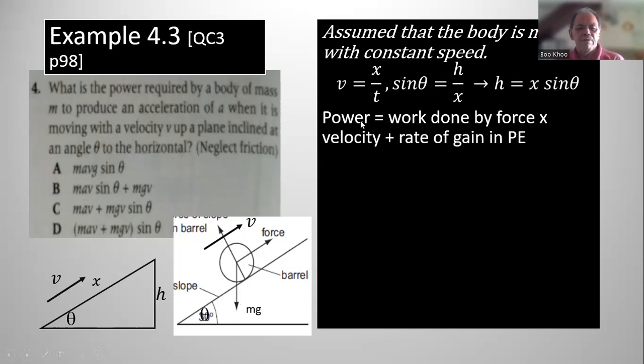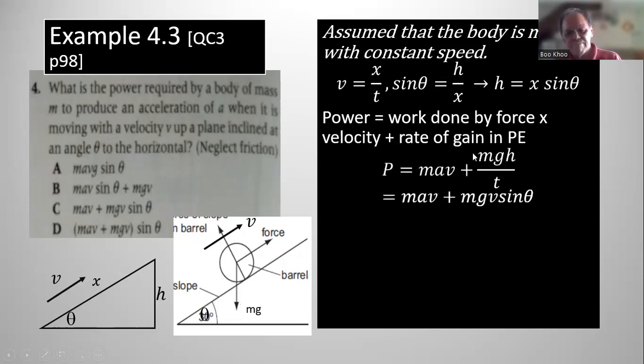Right? So this is your power input. Work done is force and velocity. Right? That's the gain in kinetic energy, this part there. Then because the body is moved to a height h, it must also gain in potential energy.